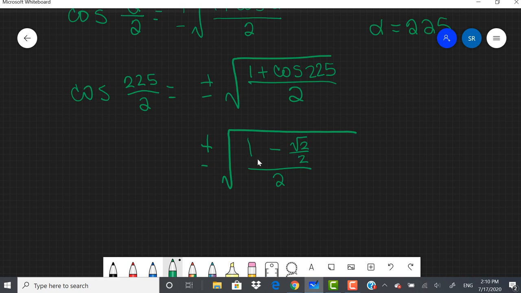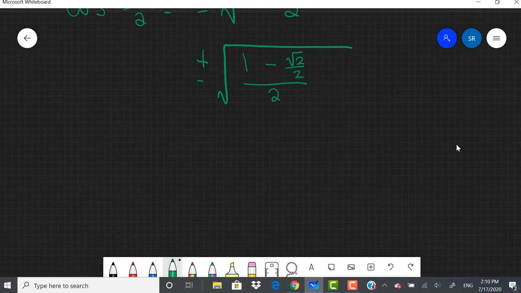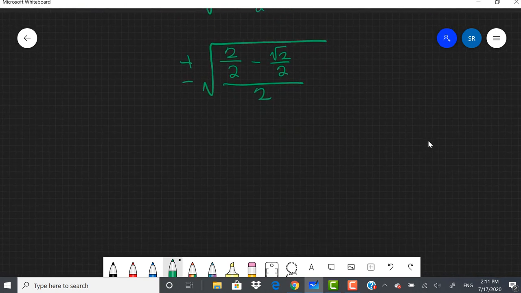So let's combine my like terms here so that we can divide by 2. Using like denominators, we get 2 over 2 minus root 2 over 2, divided by 2. Isn't this getting nice and messy with all the fractions?